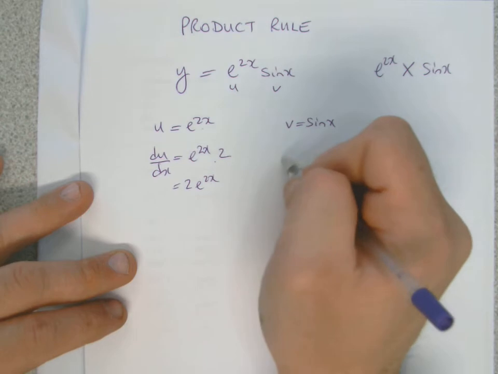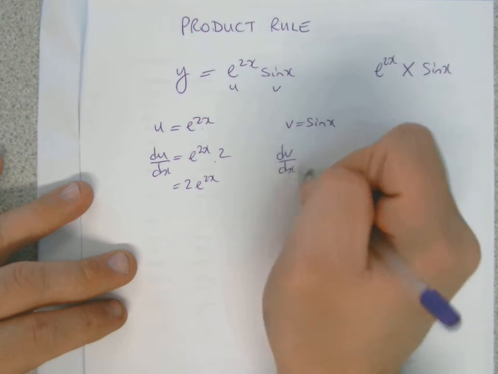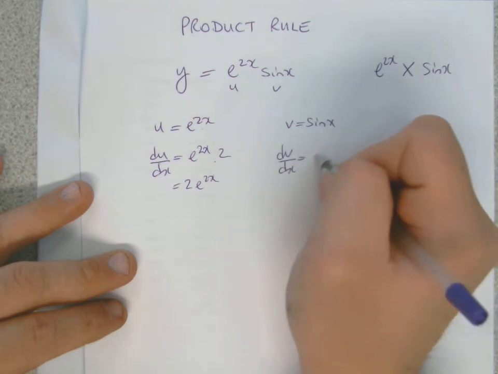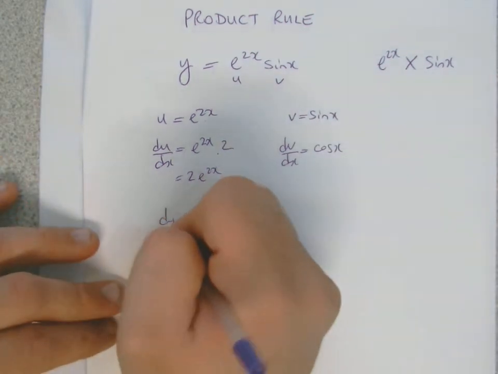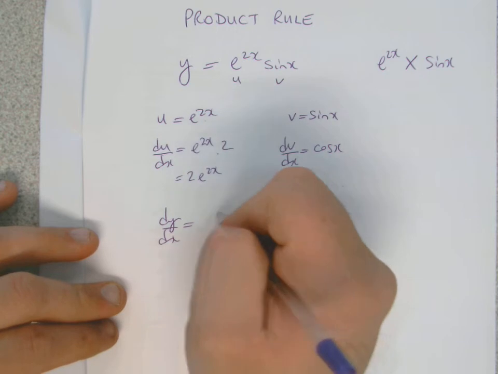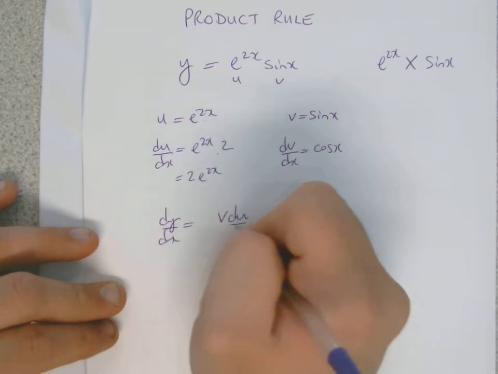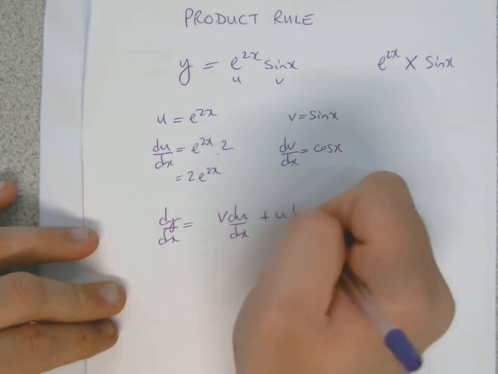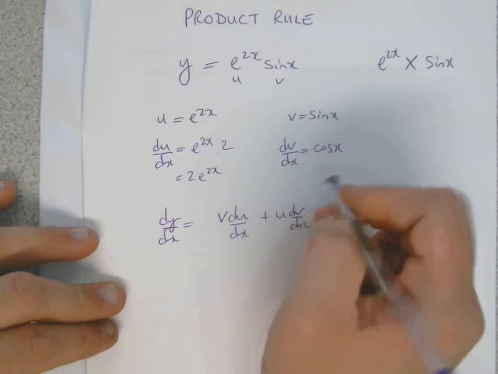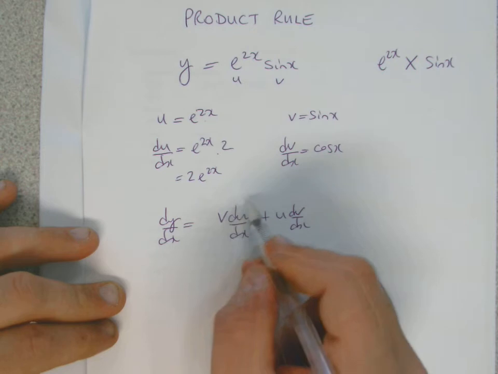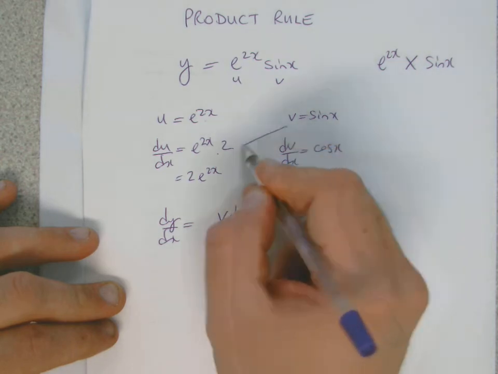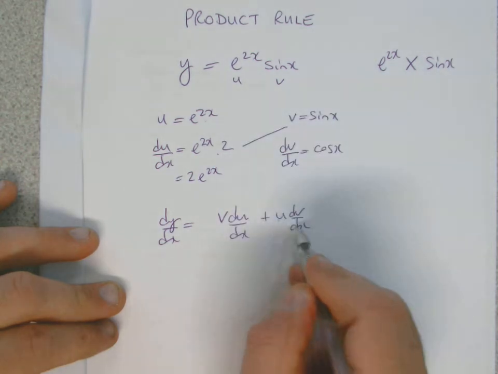Here then, dv dx, well, that's a straightforward thing you've got to remember. Sine x becomes cos x. And then with the product rule, you need to remember this: dy dx is v du by dx plus u dv by dx. So you crisscross, start off with v times du dx, and then you add u times dv dx.